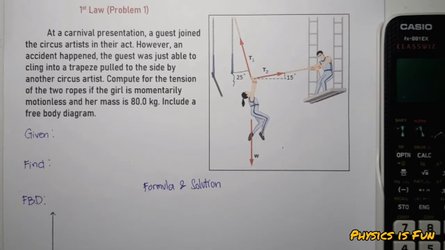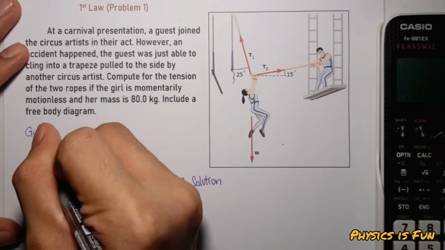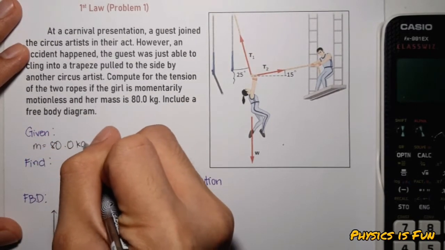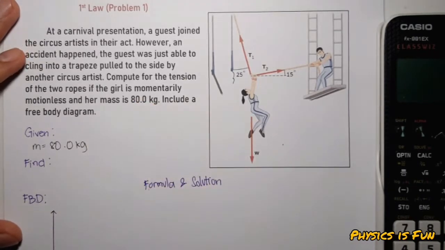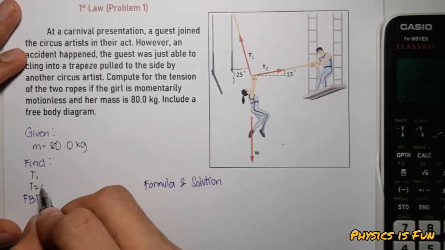In any problem, we must first find what the given quantities are. In this problem, the only given is 80 kilograms, which is the mass. And then, what are we finding? Of course, the tension of the two ropes, which is T1 and T2.